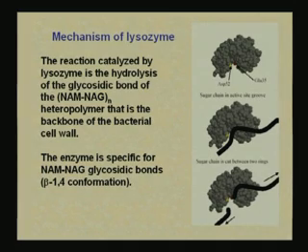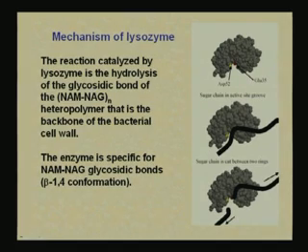Now, we will consider the mechanism of lysozyme. What lysozyme actually does is it cleaves a polymer that forms the backbone of a bacterial cell wall. Okay? Let us understand this first. When you link sugars together, you have glycosidic linkages.